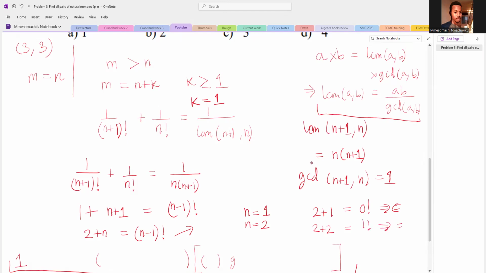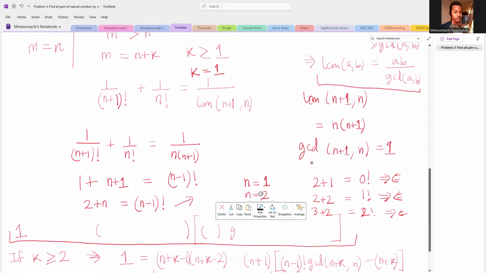This does not work. If n is equal to 3, we have 3 plus 2 and 3 minus 1 factorial is 2 factorial. This does not work. Okay, so let's scroll down. Let me just erase this.